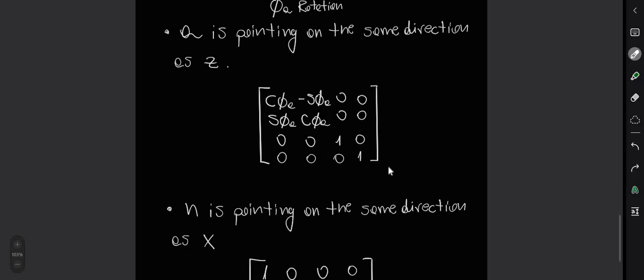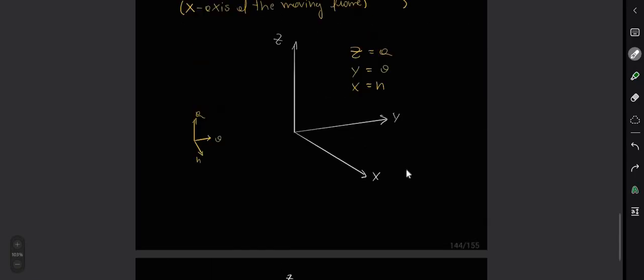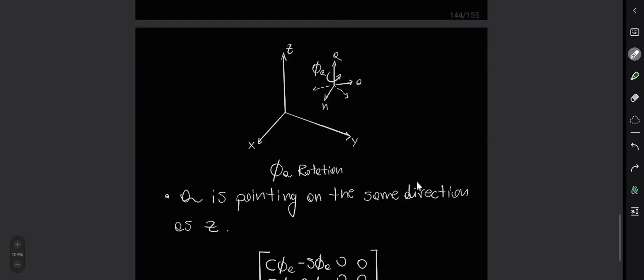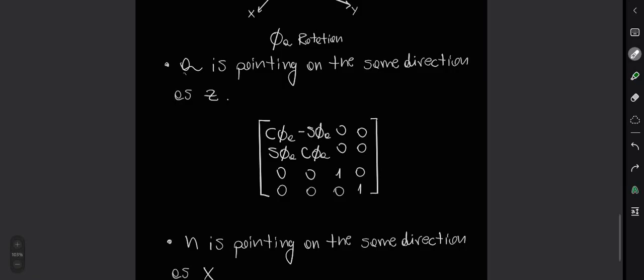I said that it is based on the characteristic transformation matrices about the z, y, and x axes, and you can also find this in the book.